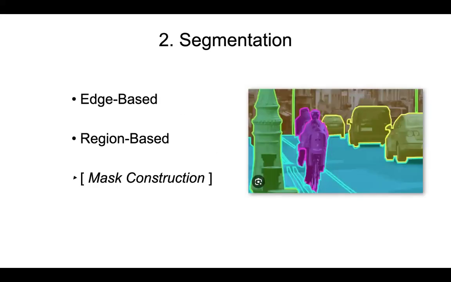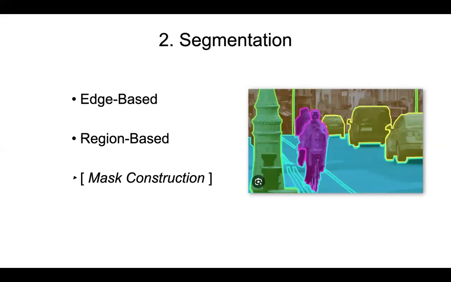Then you have segmentation. For segmentation, there's a lot of progress in this area in machine learning, and it's a classical problem in vision. And basically, you have two principles for segmentation. One is edge-based. You detect the edges of the objects, and then you know the interior. And the other is the opposite.